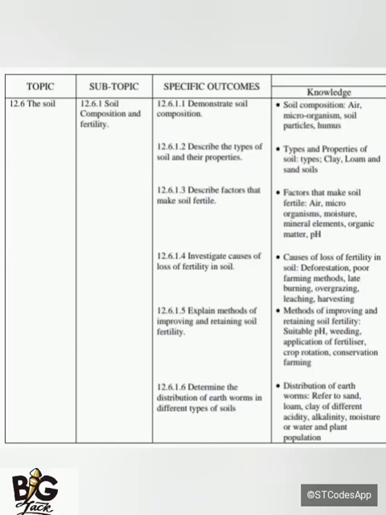Then the last one, you need to determine the distribution of earthworms in different types of soils. So in this part here, you are going to describe in terms of the types of soil, like the loam soil, the clay soil, and also the sand soil. Which one here should have more earthworms? And what should cause the distribution of earthworms, like the acidity.